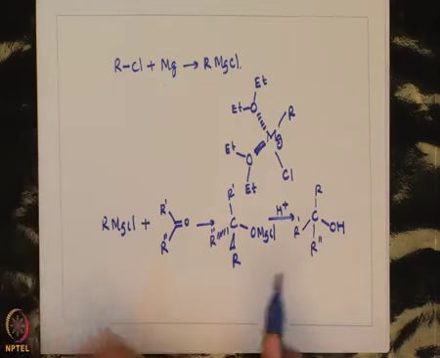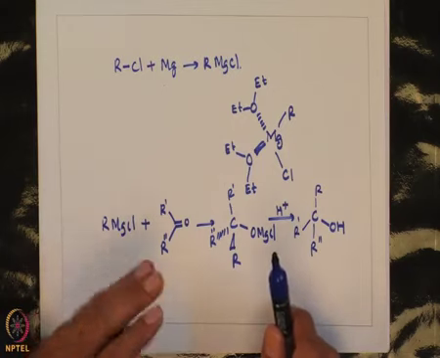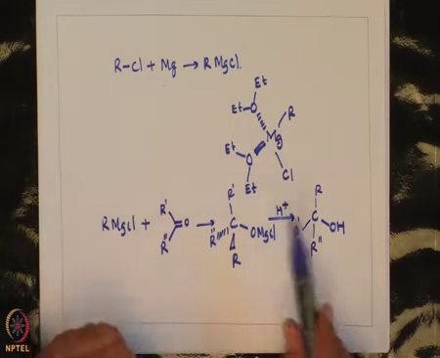So, that means treatment of Grignard reagent with ketone leads to the formation of tertiary alcohol.